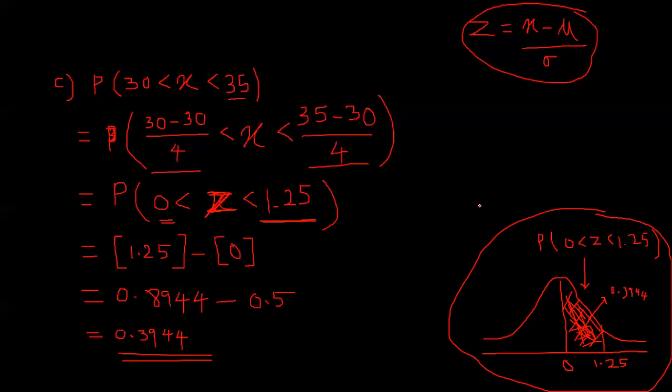Okay, so in your practical task, the important step is first you show what are the formulas that you use and how you convert the values into the formula, and then what is the value of Z that you get, and then when you refer to the standard normal distribution table, what is the value that you get, and also what is the final answer.